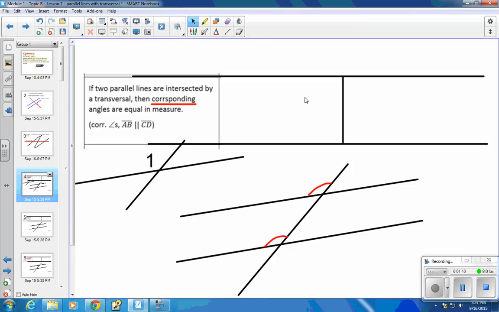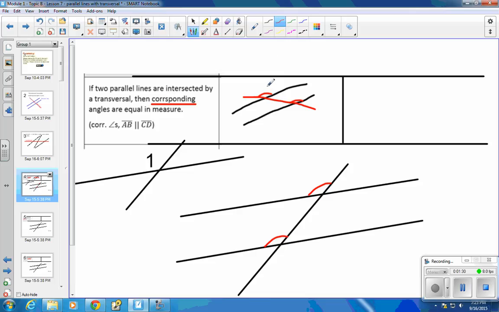These two angles correspond. So whenever I draw that in my picture area in my notes, I'm going to have my two parallel lines. I'm going to draw my transversal. And I know that this angle right here is the same as this angle right there in measurement.